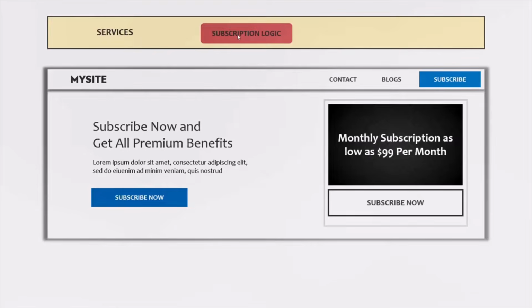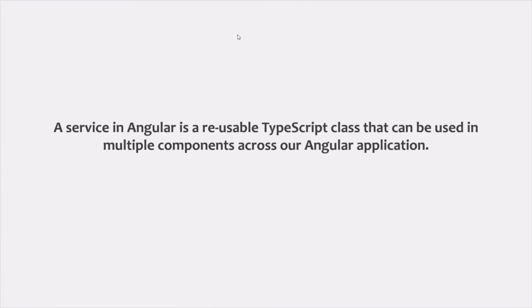So from this example, we can say that a service is a reusable TypeScript class that can be used in multiple components across our Angular application. So a service in Angular allows us to reuse code in multiple places in our Angular application. And a service also allows us to separate the UI logic from the business logic. We write our UI logic in the component class and we write the business logic in the service class.